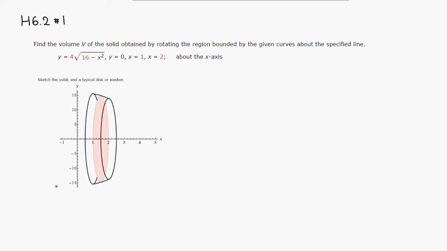We can use the disk method to set up the integral. So the volume V is equal to, disk method, start with pi and the integral, going from 1 to 2. Then you have to find the radius squared, with respect to x.